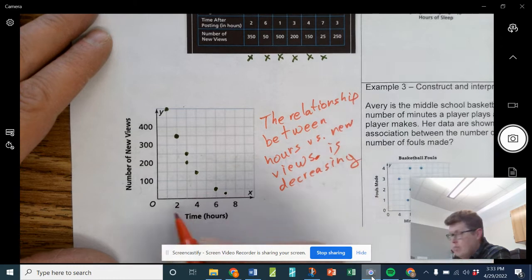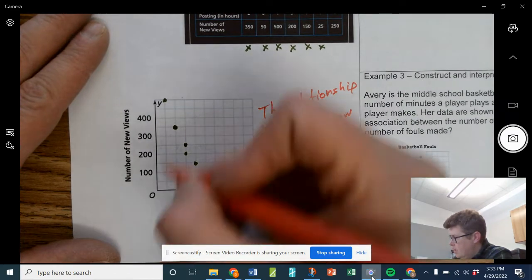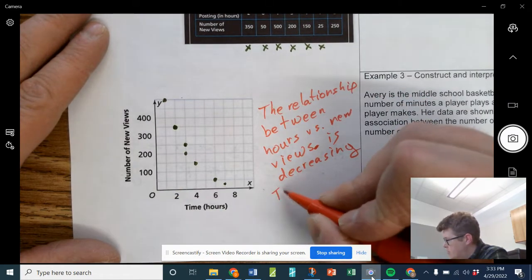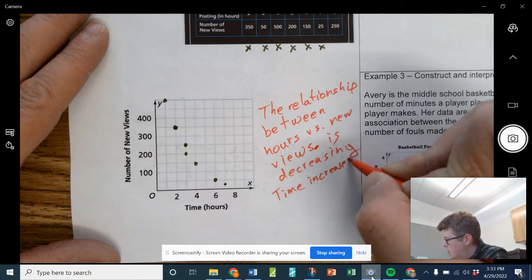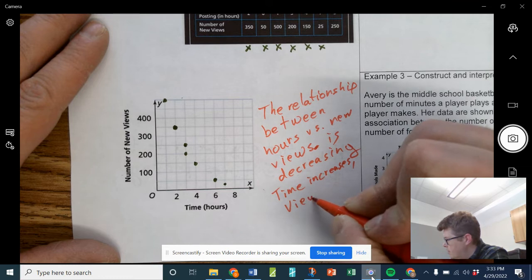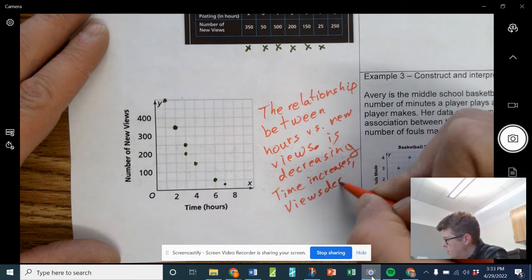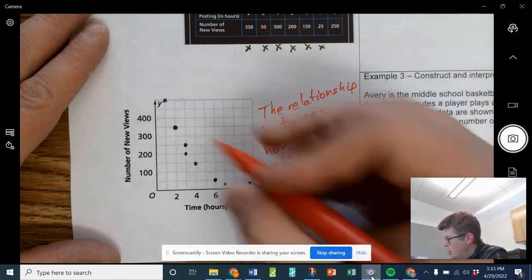So as the time increases, the number of views decreases. So we'll say time increases, views decrease, right? Because over time, the number is going down.